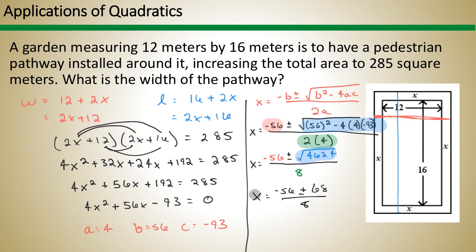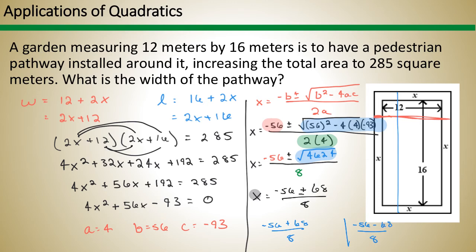So we have two different answers here. We either have negative 56 plus 68 over 8 or negative 56 minus 68 over 8.